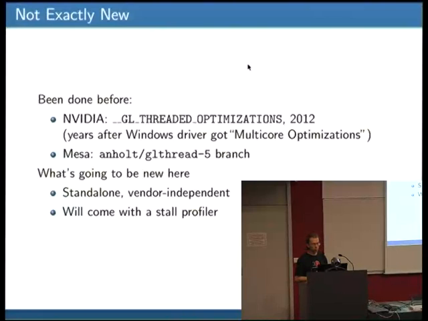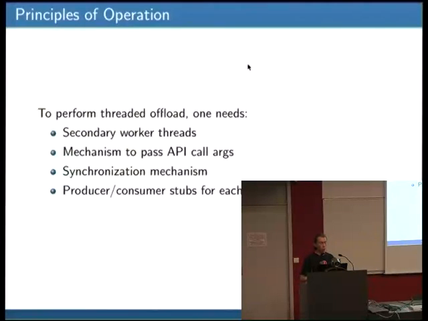What I'm going to do differently is to make it a standalone implementation, so it is not bound to Mesa, but can be used with the NVIDIA driver as well. And it will come with a profiler of sorts to show why the great optimization doesn't help, so when you apply it to a certain game, why doesn't your FPS rise? And I think it comes with some interesting other concepts as well, or hopefully.